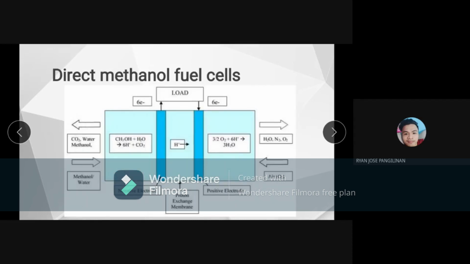So this is the schematic diagram of the direct methanol fuel cell, where the input is methanol or water and air, with the exchange and the electrode present.